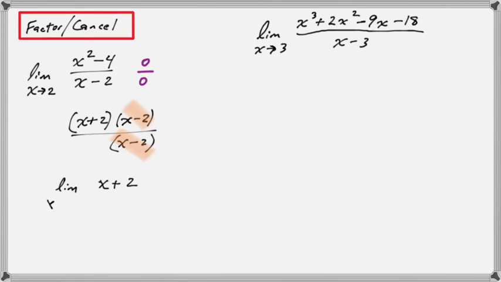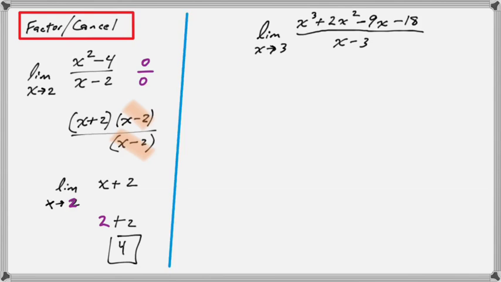The limit as x approaches 2. So what I'm going to do is substitute in place of the x. I'll put a 2. 2 plus 2 makes this limit 4. Now, if we wanted to do this other one, it's a little harder one.